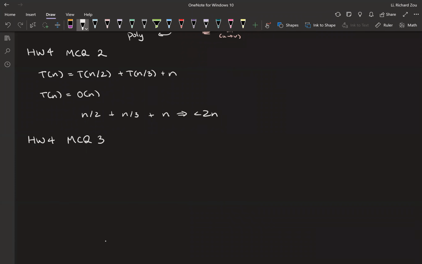Let's take a look again at homework 4, multiple choice question 3. Considering the following problem: given a strongly connected directed graph, the goal is to compute the minimum length circuit that visits at least half the vertices. Yes, I'll do that afterwards.